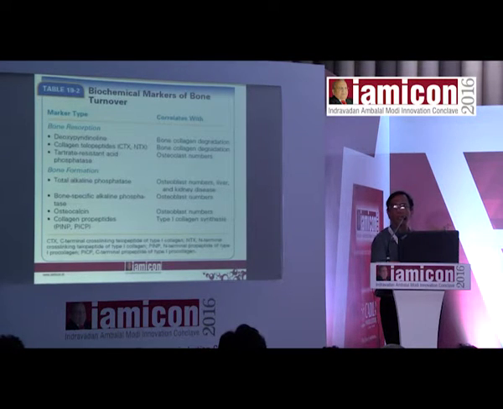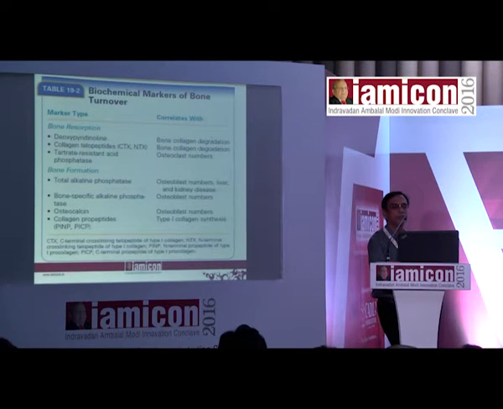Bone resorption and bone formation are both assessed with the markers. The first one is collagen telopeptides, that is C-terminal cross-linked telopeptides of type 1 collagen. For bone resorption, we assess the osteoclast numbers here.